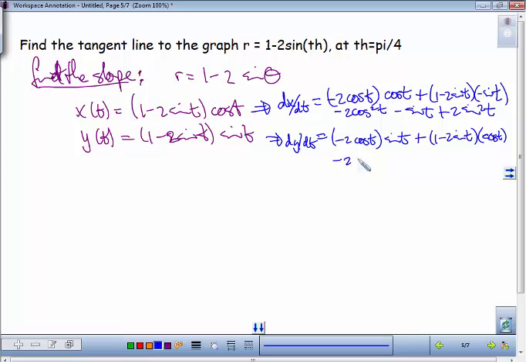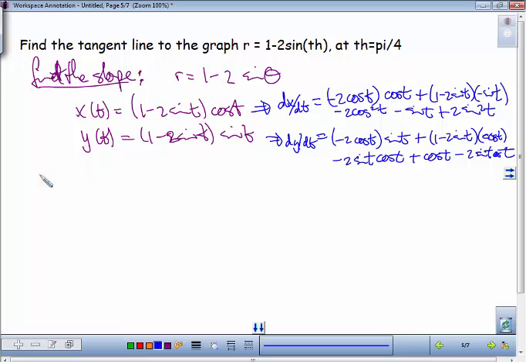Minus 2 sine t cosine t plus cosine t minus 2 sine t cosine t. That didn't work either. That didn't help. I was hoping that this would have a 1 plus 1 minus and the same, but okay. Nothing simplified. Bummer.